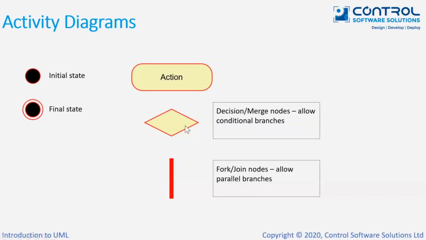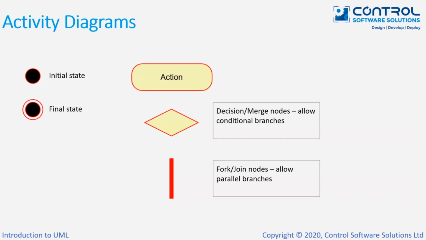The diamond shape, the decision and merge, allows us to show a conditional branch, so the software can go one way or the other. What this solid bar does, the fork and join, is show where the software can split and do parallel operations, which when we're writing our LabVIEW code can be quite useful.